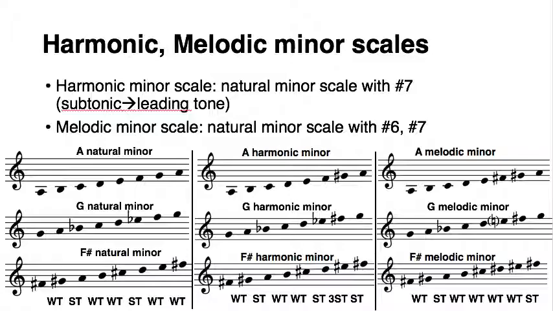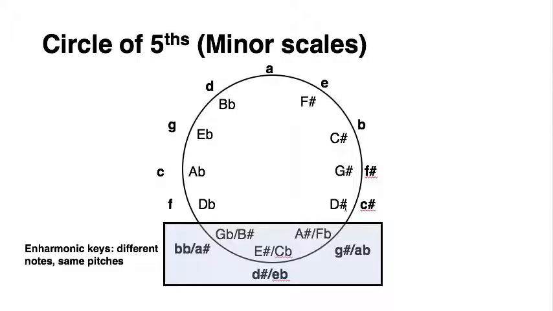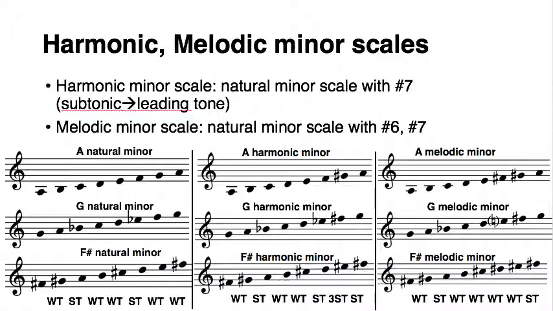Each of those 15 minor scales that you see here on the circle of fifths has its own harmonic and melodic variants. As we saw before, the harmonic minor scale takes the natural minor scale and raises its 7th scale degree by a semitone, turning what was the subtonic, in this case in A minor G, into a leading tone, the G sharp.